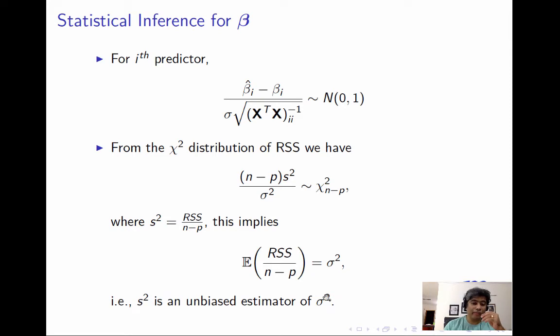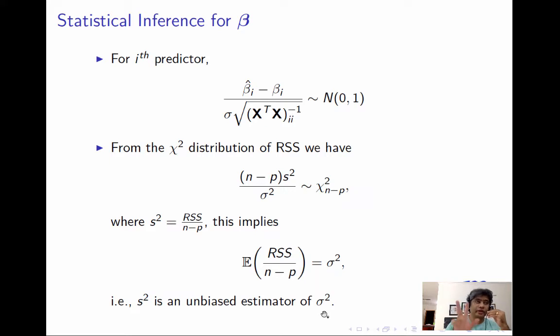So we got an unbiased estimator of sigma square, and this estimator's scaled version follows a chi-square distribution. So we also have some good sense of the sampling distribution of this estimator, and we can use this sampling distribution to do statistical inference for sigma square.